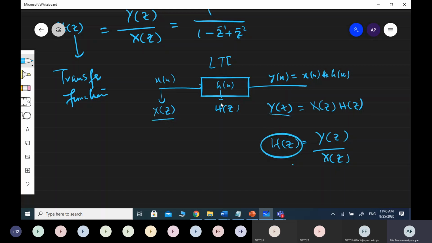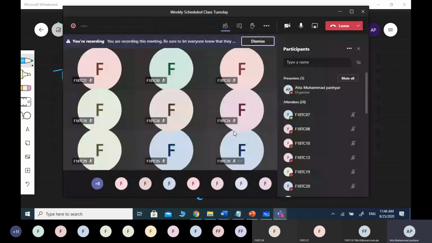Whatever transformation is done on the input signal is called the transfer function in z domain. We can say transfer function is the ratio of output to input in z transform. Okay, so that's it. We are going to end our session here.